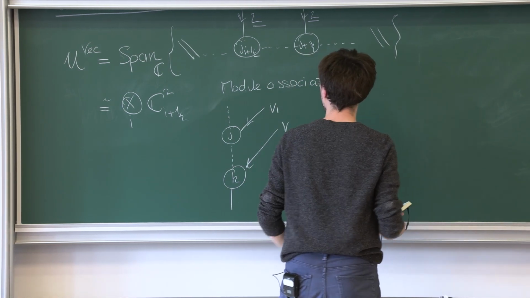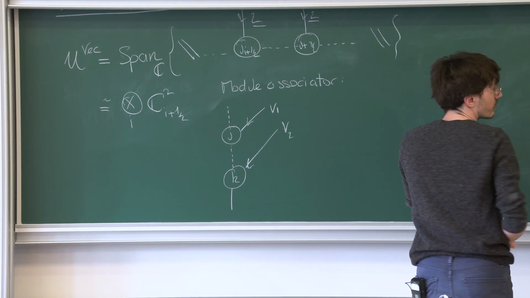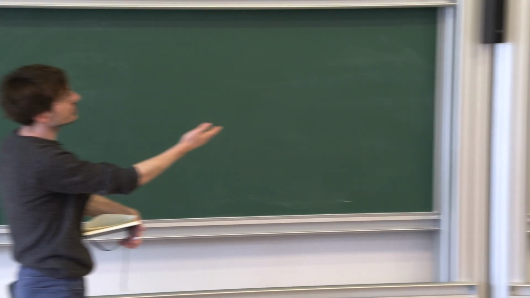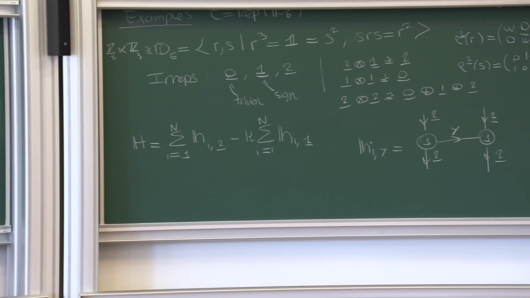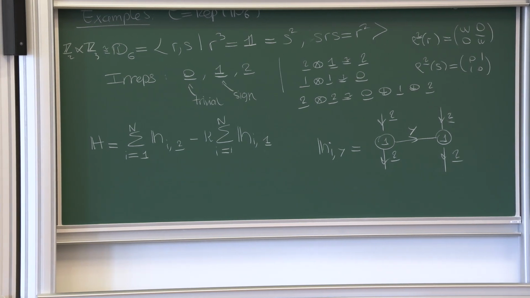Okay, so here V1 and V2 are irreducible representations of D6. Given the Hamiltonian we chose, the only thing that could show up is either the trivial one-dimensional representation, the sign representation, or the two-dimensional one.